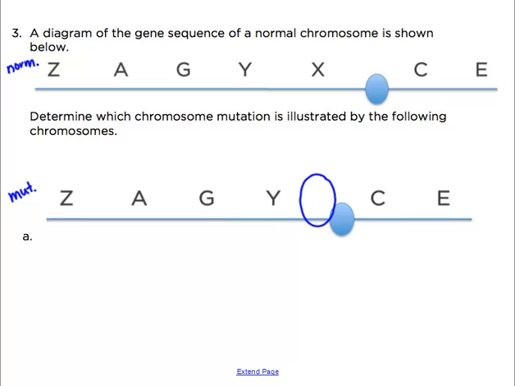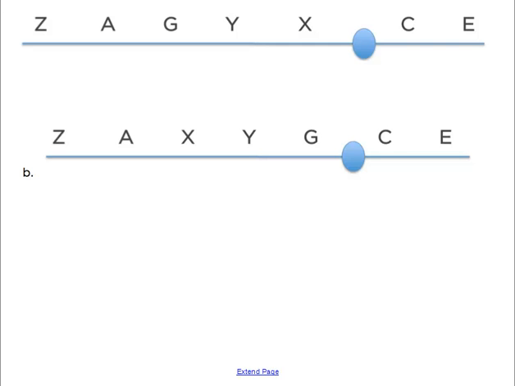So the only change in this mutated chromosome from the original was missing X. So this is a deletion of gene X, right? And a deletion is where you're missing a piece of the chromosome, and in this case, it did contain a gene.